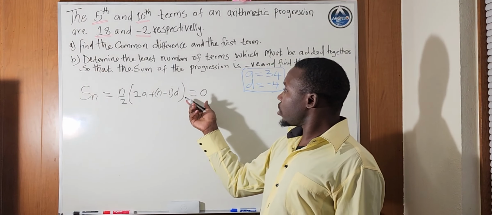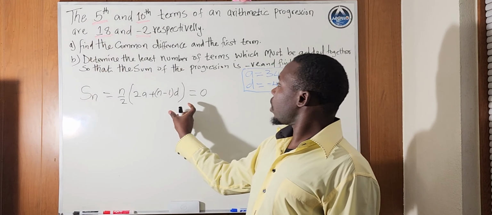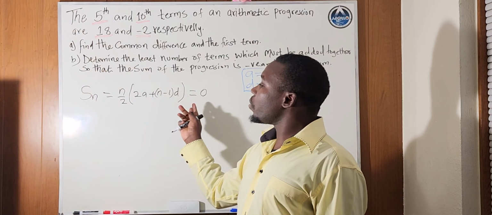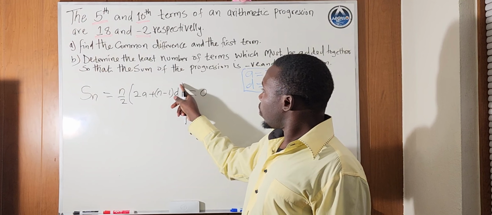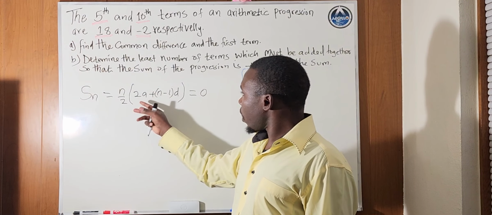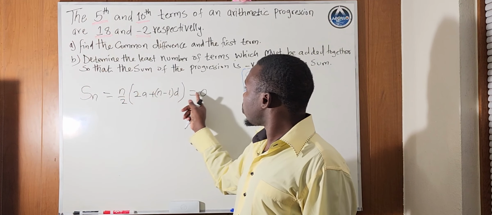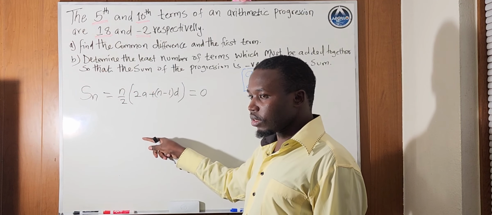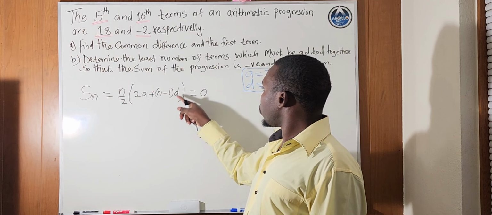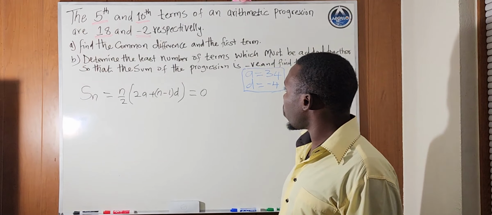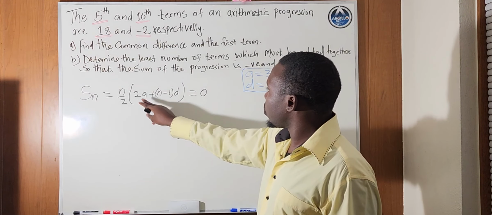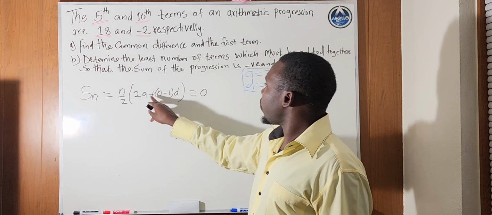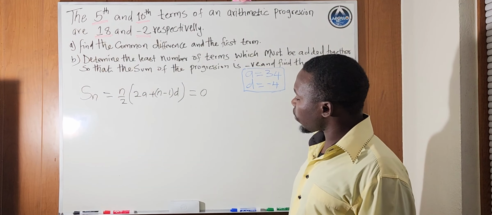Once we equate this to 0, that will be the number to which we add 1, so that if we go one cycle, adding 1 takes you to the negative side. So let's equate this first to 0 and see the value of n we can get from here.